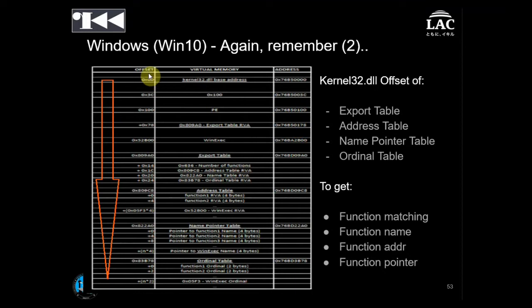You have to know this in order to understand where the export table is and how to get to the address table, for example, and then go to the name pointer table and ordinal table.